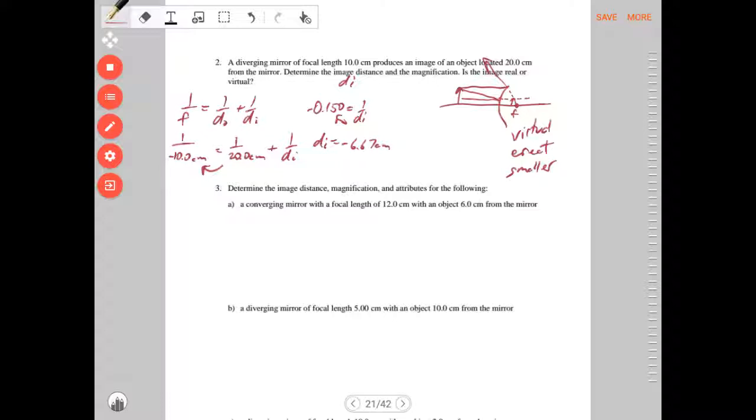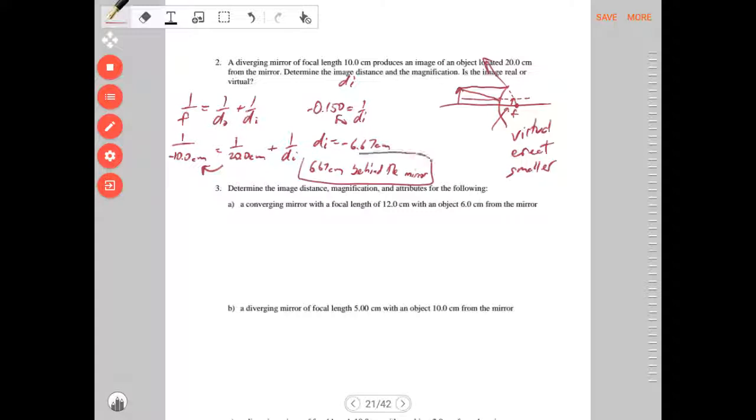All that means is that it's 6.67 centimeters behind the mirror, so that's this distance right there. The negative means behind the mirror, which we already knew, and the 6.67 is how far. Awesome, that's not too bad. So again, 6.67 centimeters behind the mirror.